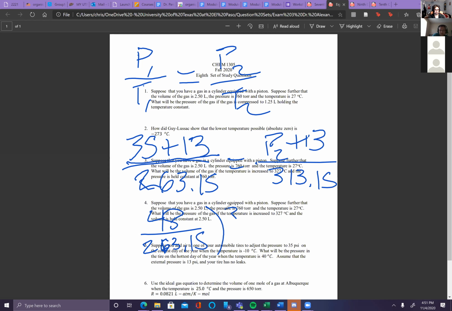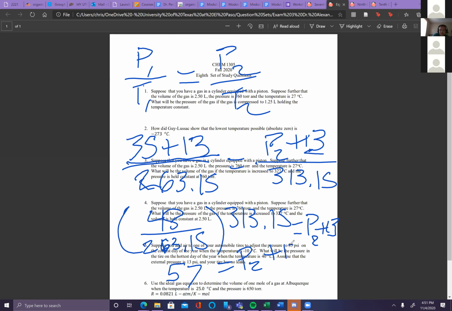You multiply that by the 313.15. But you still have this 13, so it'll be P2 plus 13. And so when you multiply that, you'll get about 57 equals P2 plus 13. And then you subtract the 13, and that's how you'll get 44 equals P2.